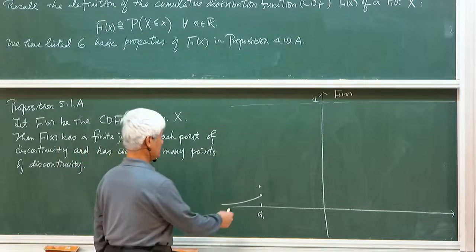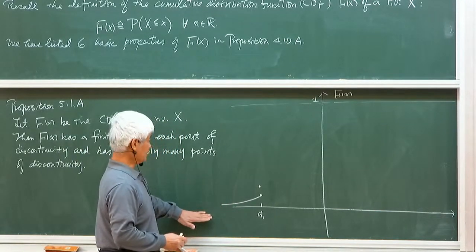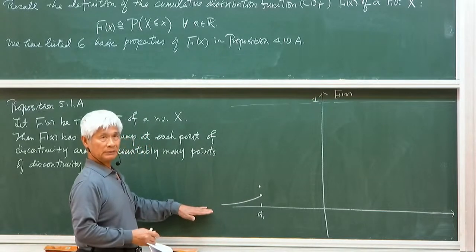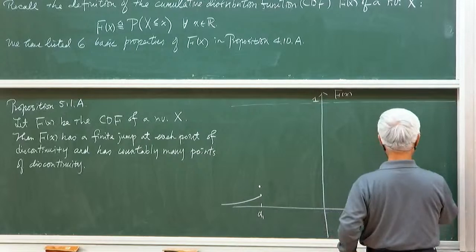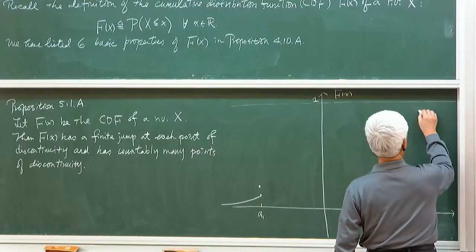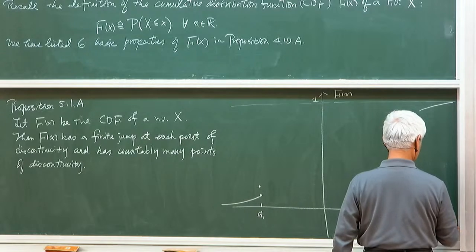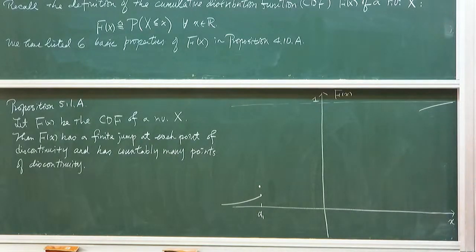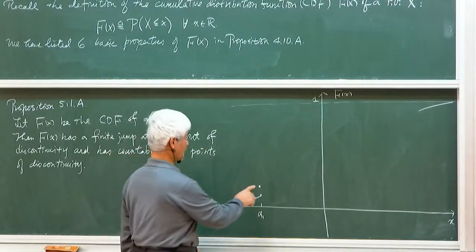As we know, when x goes to minus infinity, the CDF goes to 0, and if x goes to plus infinity, the function value goes to 1. This is properties 3 and 4. Now, property 5 says that it is right continuous.